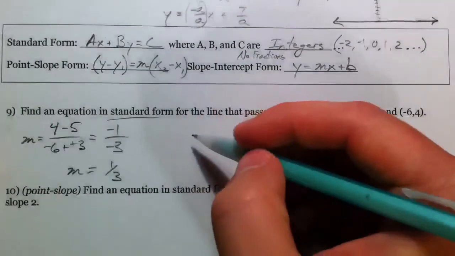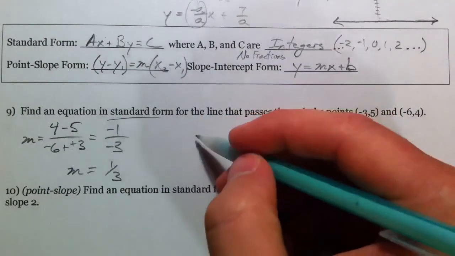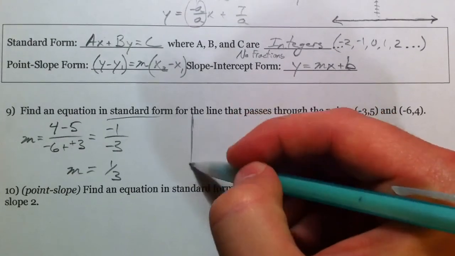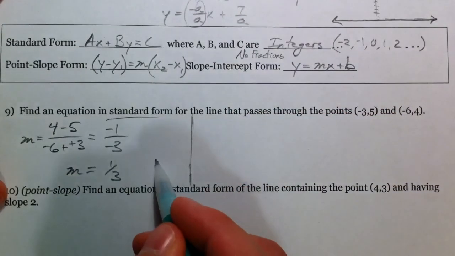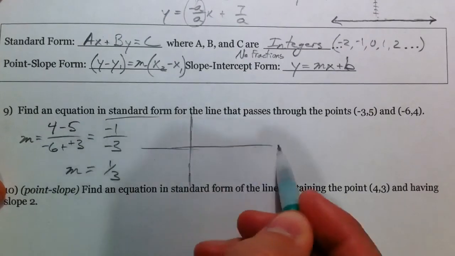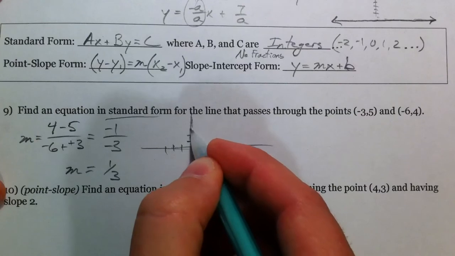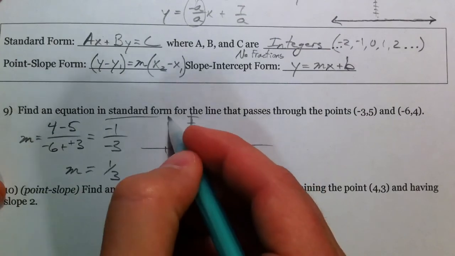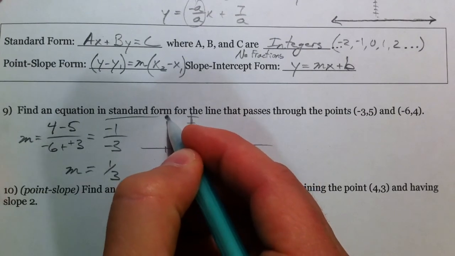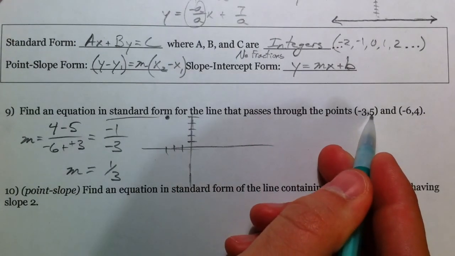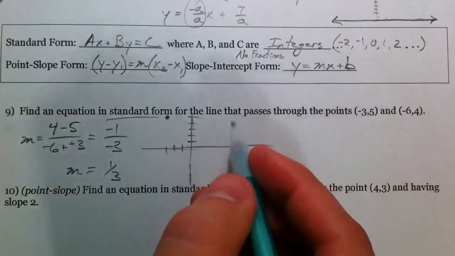And actually, I'm going to do this one graphically, just because I can. So that's the one point, negative 3, 5, and negative 6, 4 is the other one.